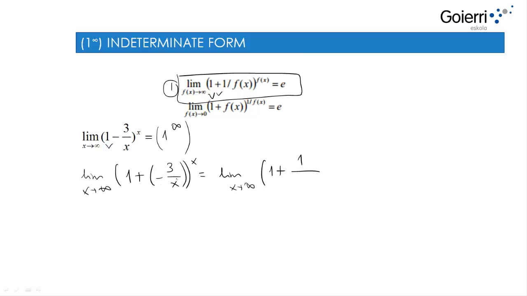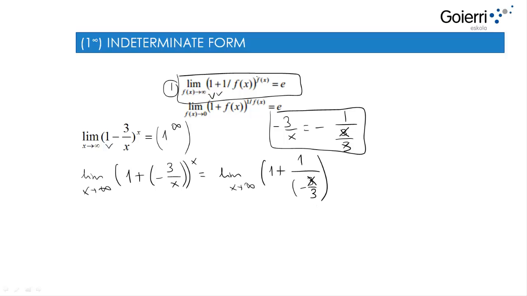So 1 over my function, I can write this function this way, right? I'm just saying the same. So that's what I'm gonna do. Sorry, this is x over 3, yes. So this is x over 3.